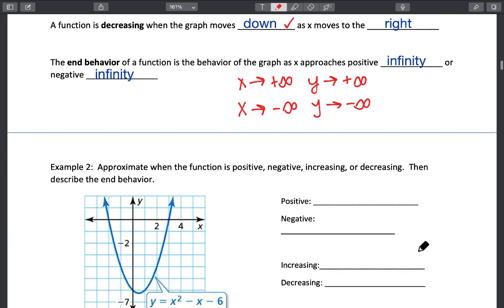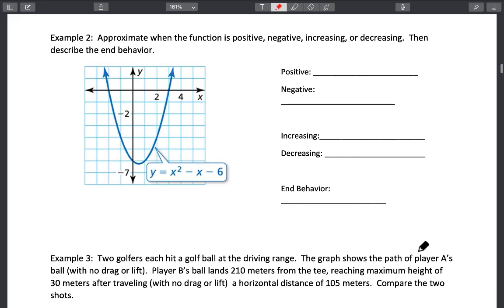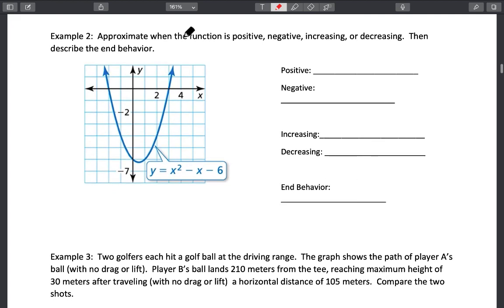All right, let's get some practice at those characteristics here. Approximate when the function is positive, negative, increasing, and decreasing. This is a little bit of a tricky concept because it says when the function is positive. We're not talking about a specific time, but when it says when, we're talking about a specific interval.